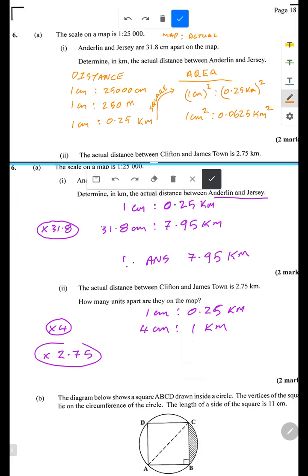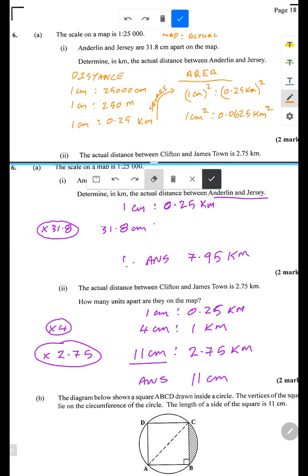When I multiply by 2.75, I get 4 times 2.75 equals 11. So it means that 11 centimeters on the map is equivalent to 2.75 kilometers on the land. And so the answer for this part is 11 centimeters. The distance on the map is 11 centimeters.